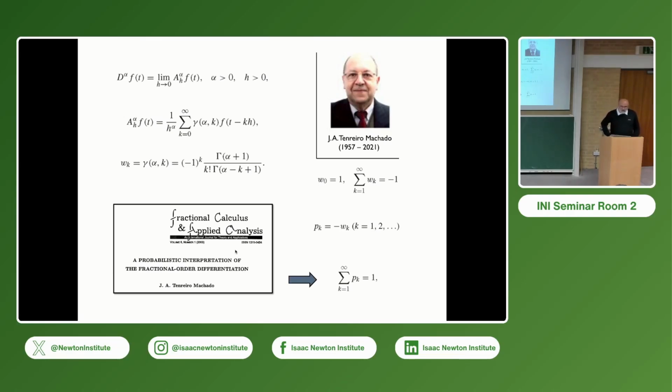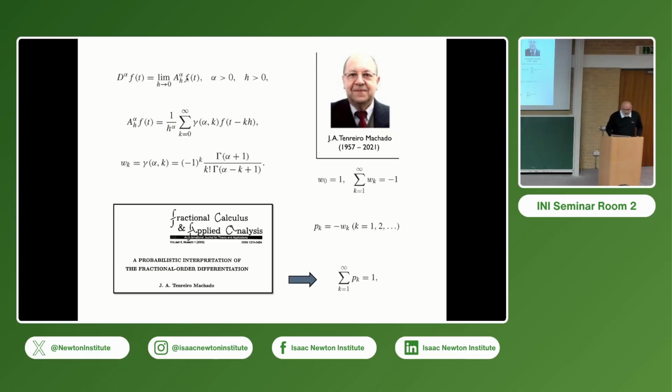And here is a very interesting development. Very soon, Professor José Antonio Tenreiro Machado from Portugal came with something that he called a probabilistic interpretation of the fractional order differentiation and published an article. And actually, everything was wrong in that article. But he had a wonderful observation.